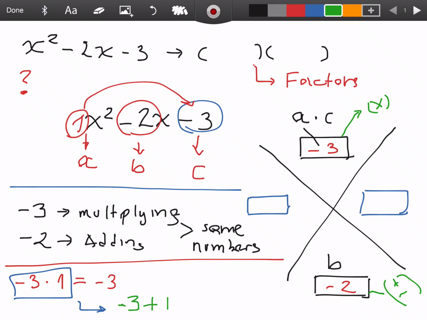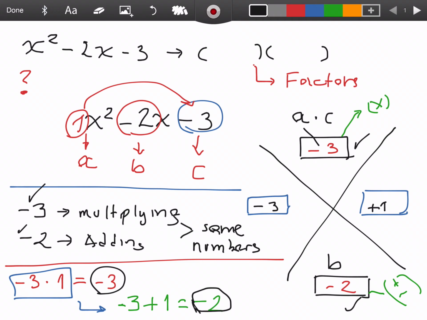Minus 3 plus 1 equal minus 2. If you see, we get minus 3 and minus 2 by using those numbers. Therefore, we are going to write those numbers here, minus 3, the multiplier or adding, and the 1. This number is going to be positive, but if you want, you can include the plus sign.